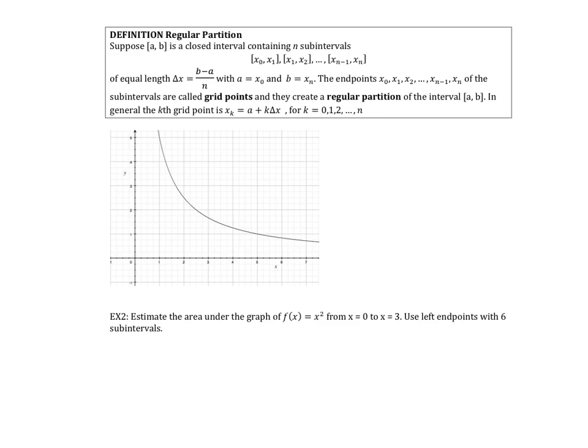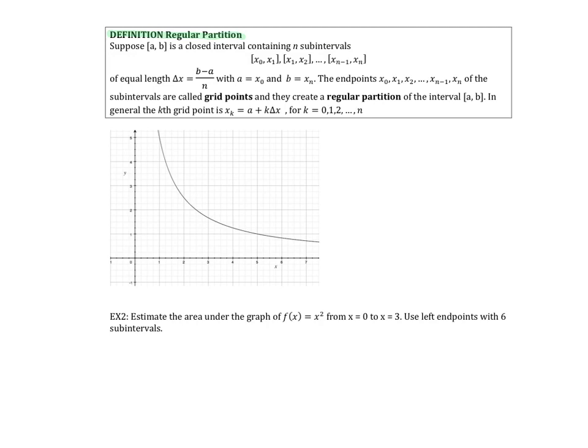We're dealing with, right now, what we call a regular partition. And a regular partition is a partition where the base or the length of all the intervals are the same. So notice in our previous example, the base or the length of those intervals were all 1.